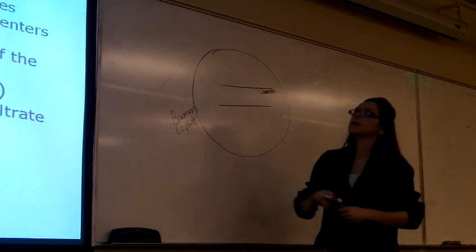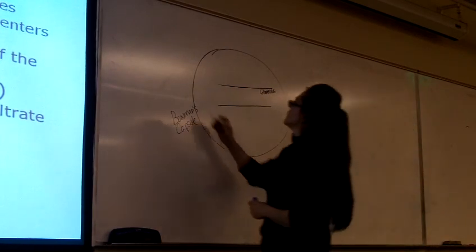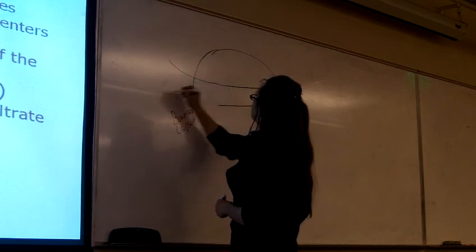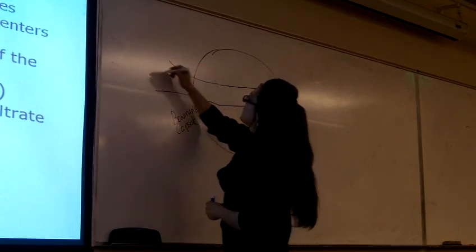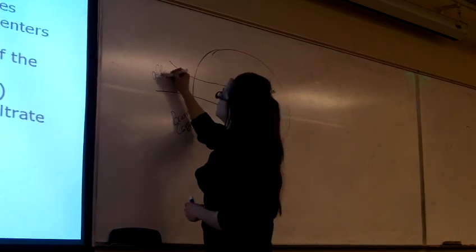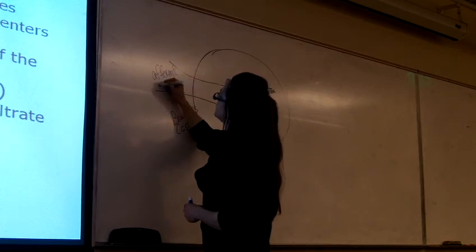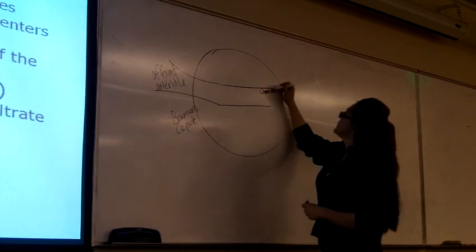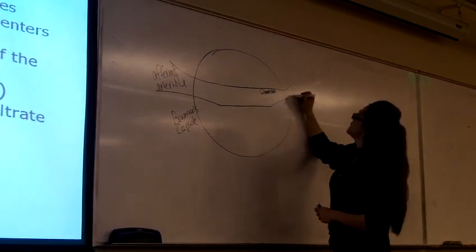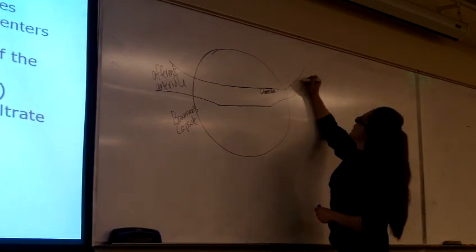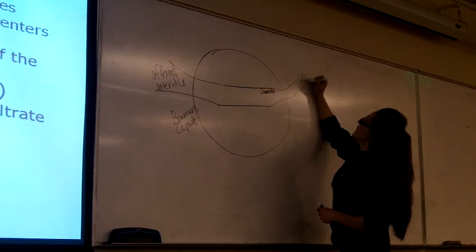And we said coming into the glomerulus, the afferent arteriole comes into it. And leaving the glomerulus, we have the efferent arteriole.